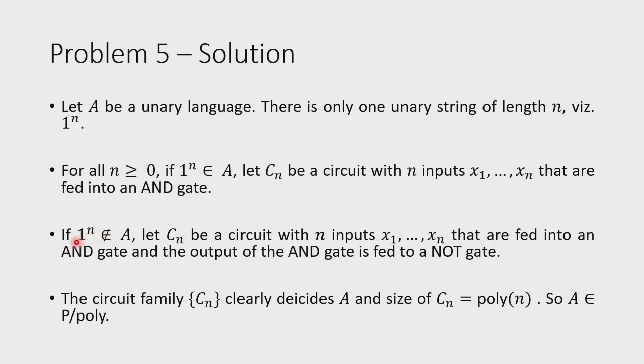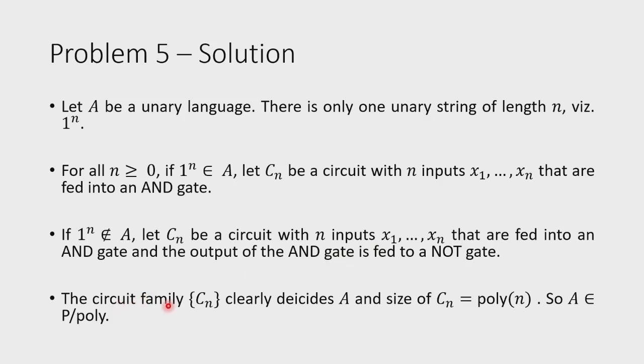Now another possibility is that for a particular n, 1 to the n is not in A. In this case, we again create a circuit that does not accept 1 to the n, which is just take the AND of all the inputs x1 to xn. That AND would be 1, feed it into a NOT gate, so it would be 0. So for every n, we have created a circuit Cn which accepts 1 to the n if and only if 1 to the n is in the language, and does not accept 1 to the n if it's not in the language.